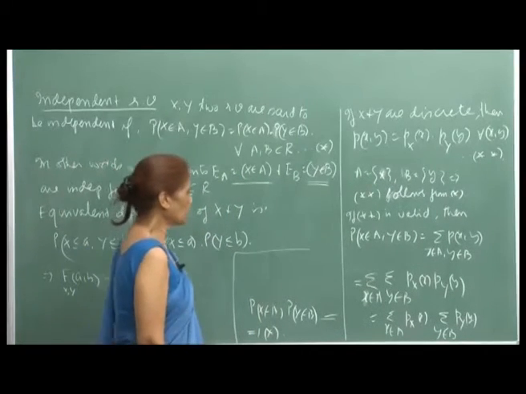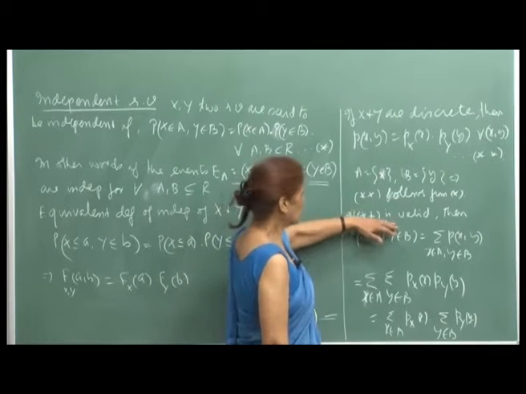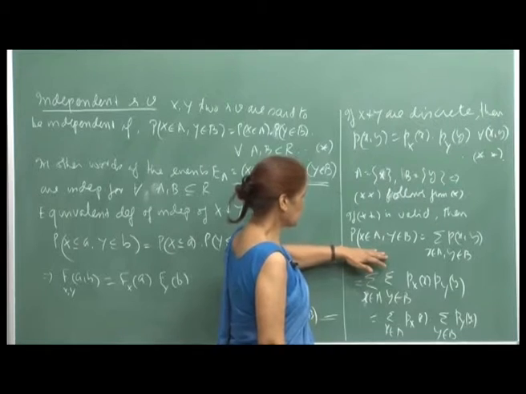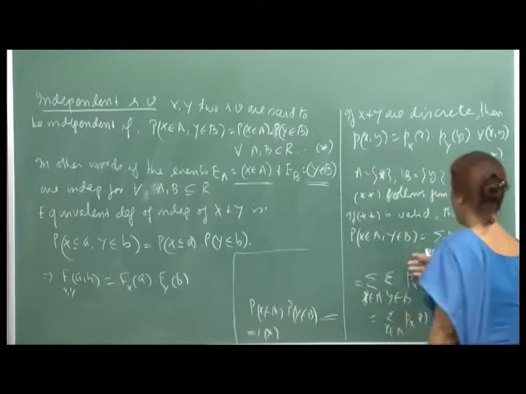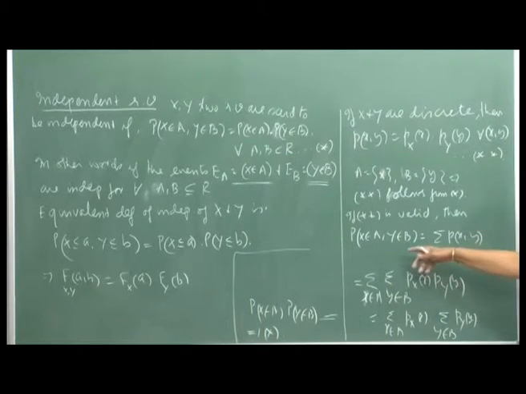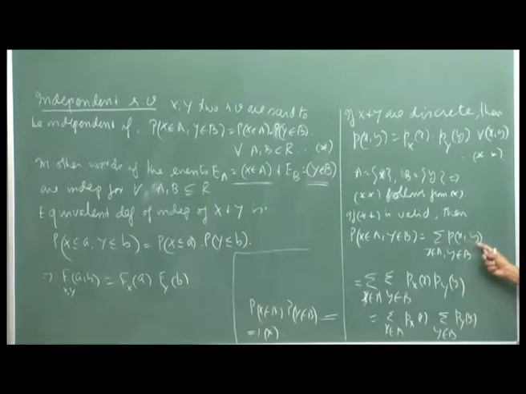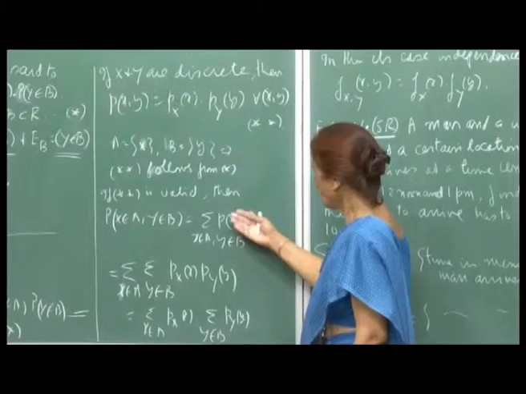And the other way also it is valid, because if star is valid for all x, y, then you can write the first part of star as summation of p(x, y), x belonging to A, y belonging to B. That is our definition, right.